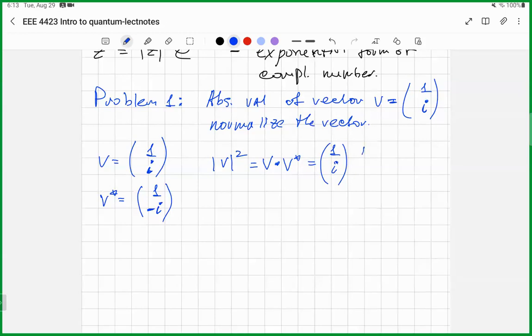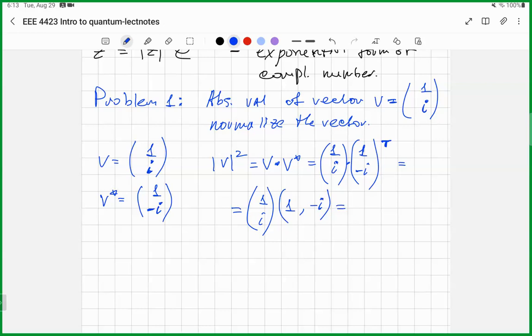So I write the same but complex conjugated, and of course I know that the dot product of two vectors is the sum of the products of corresponding components, but we're going to use this matrix product quite a lot, so I put T here, the transposed. So it's 1, i for the first one, and the second one is transposed, so it's 1, minus i, like this, right?